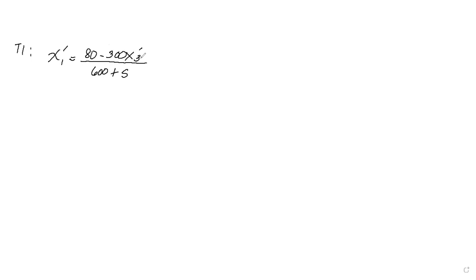So in here, you could see that you have x sub 3 prime, and you can actually substitute the x sub 3 prime here. So if you substitute, you will have 80 minus 300, multiplied by the x sub 3 prime that we have solved already. Oh, there is another 3 here. And you have 600 plus S. Okay?